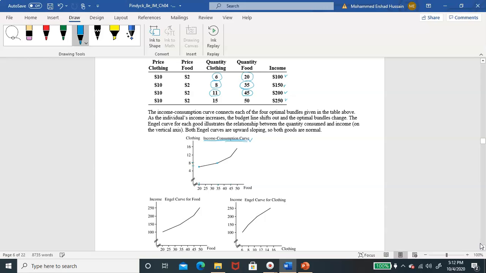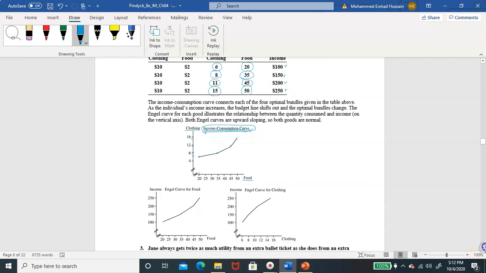And then the quantity of food is 50, and the quantity of clothing is 15. See that? So that is the income consumption curve, right? Okay. So we have food here and we have clothing here.